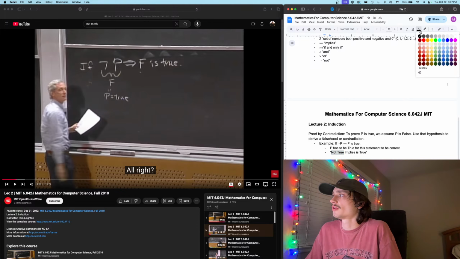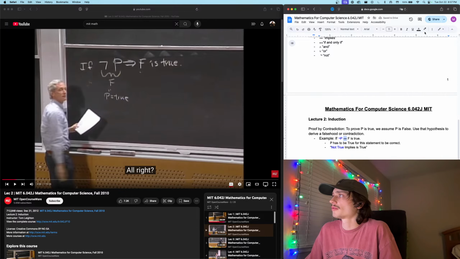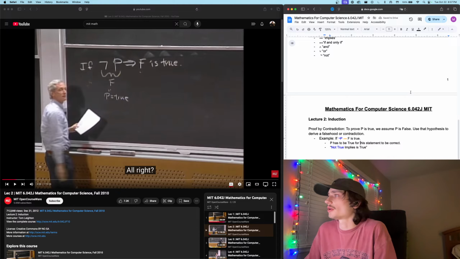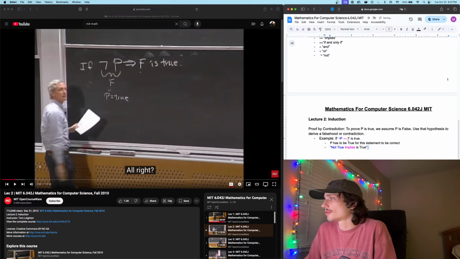Let me make this blue. Not true, blue, implies, I'll make this orange. You probably don't want to see orange on the stream, actually. Let's do green. Magenta, okay, implies, oh, I forgot a line here.